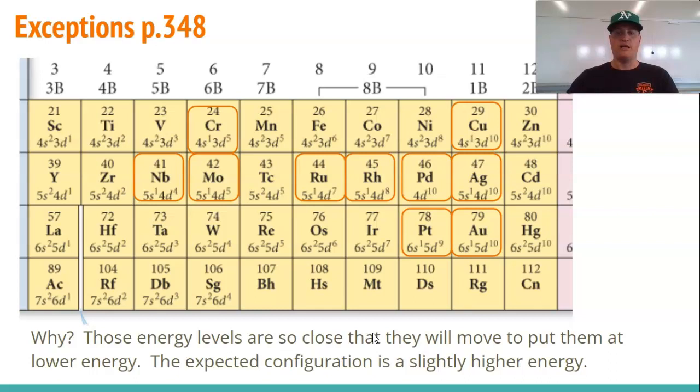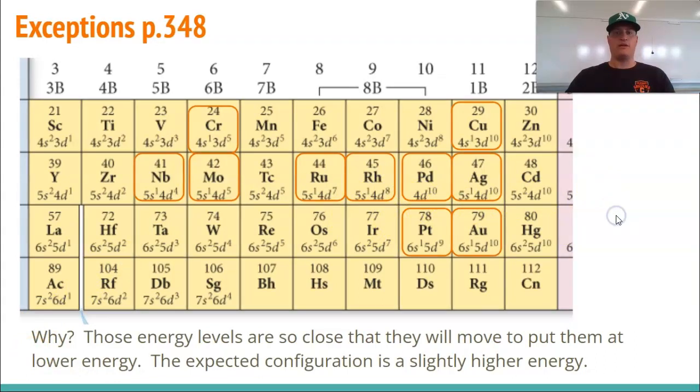We'll talk more in depth about what's called penetration and shielding, and why this occurs: these s electrons fall down to a lower energy level, being able to penetrate to a lower energy level.